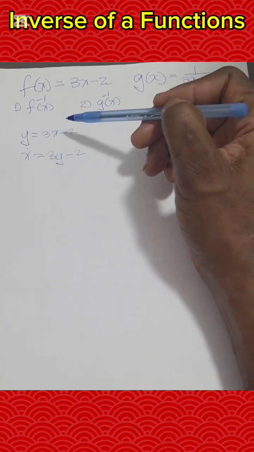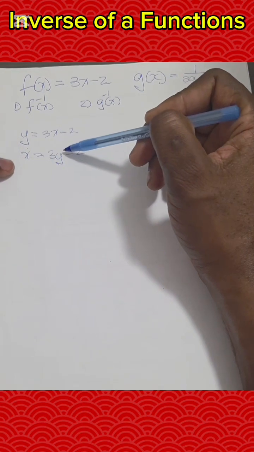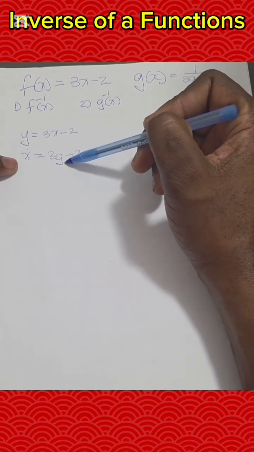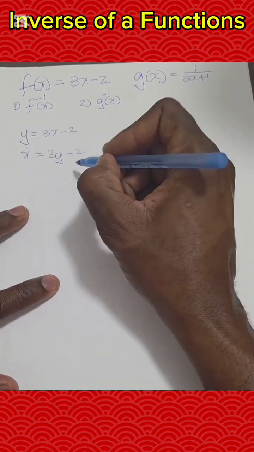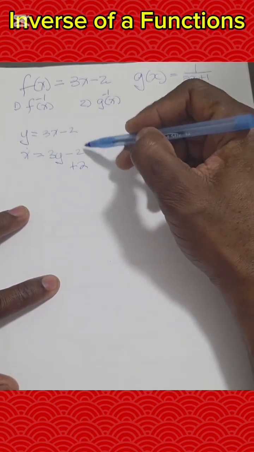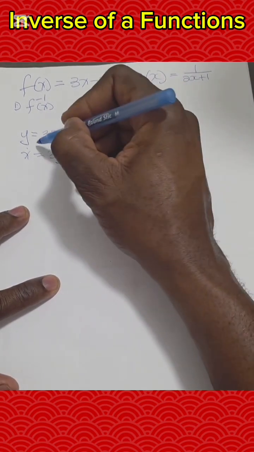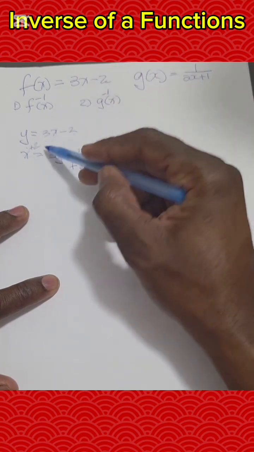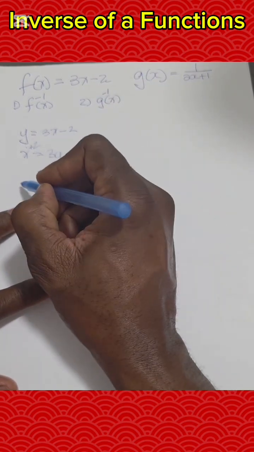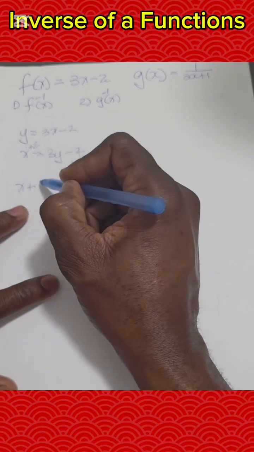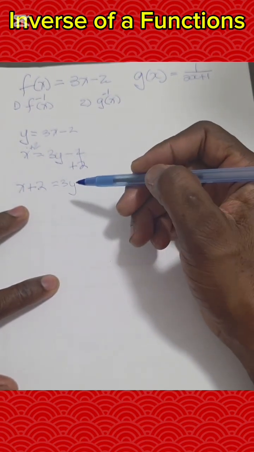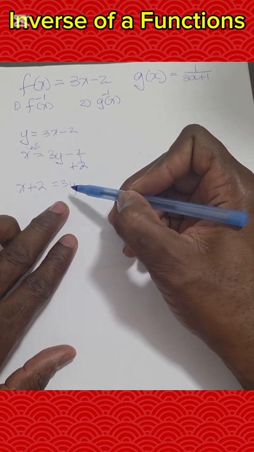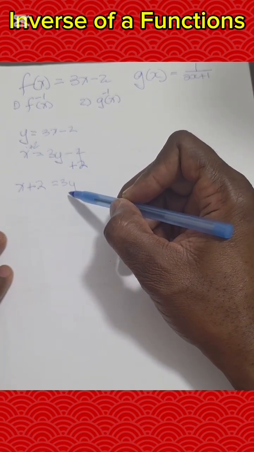Now, as you could see, I did switch x and y. And then we're going to make y the subject now. So we're going to add 2 to both sides so that this becomes a 0, balancing the equation. On the left side, we have x plus 2, and this is equal to 3y. Now, we're almost done. We want to make y the subject.